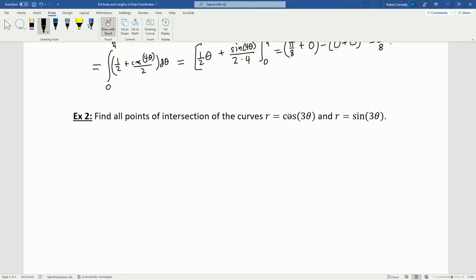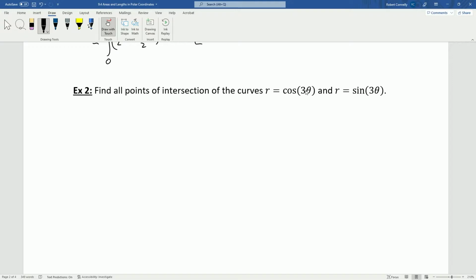So sometimes that can be a little bit challenging. We're going to take a look at these two curves, cosine of 3 theta and sine of 3 theta, and try to find their intersection points. So part of the challenge here is that we really need to graph these to see what's going on.